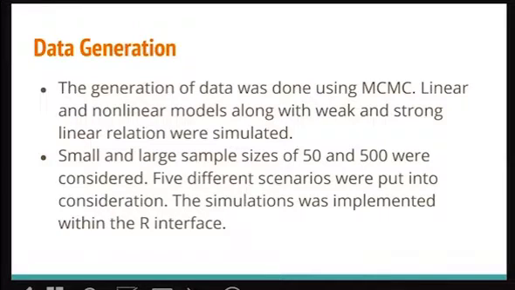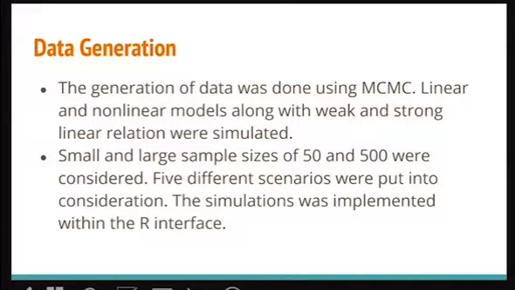Imagine I generate data from a normal distribution. I already know my data follow a normal distribution, and if the diagnostic tool tells me it does not, then that tool is wrong, because I already know where my data set comes from.